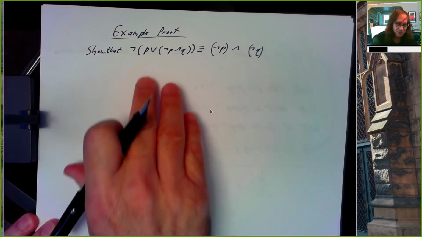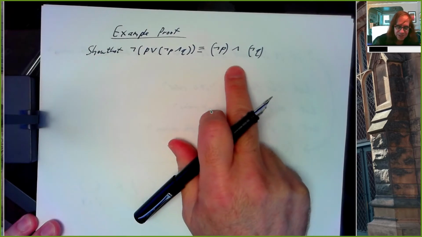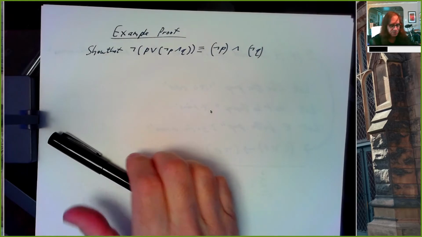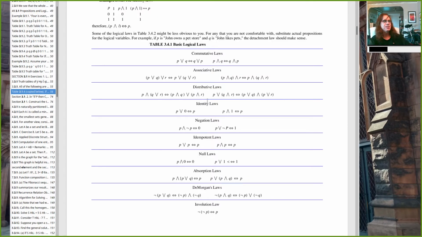All right, so we want to prove that this is equal to that. And we have these facts. We know that if we have P or Q, we could also write Q or P, and it will be logically equivalent to the same expression. If we have P ORed with 0, that's exactly the same thing as P in terms of truth values. If P is true, then P OR 0 is true. If P is false, then P OR 0 is false.